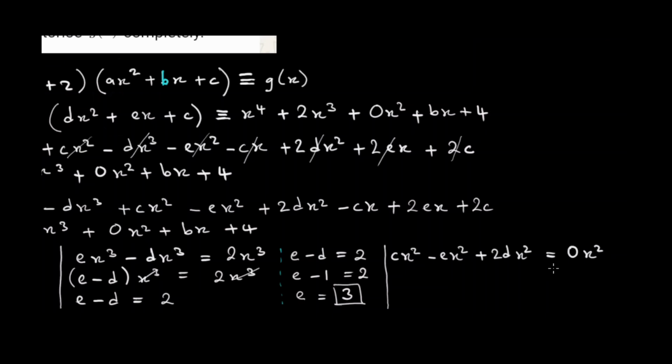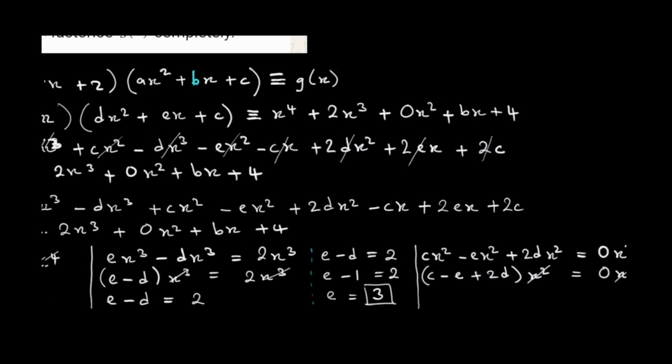Like that. So here, if we factor out x squared, we are left with c minus e plus 2d, all times x squared, is equal to 0x squared. The x squared cancel, as we have divided both sides by x squared.